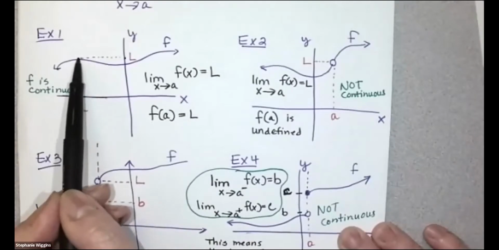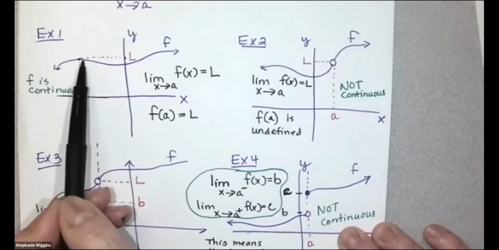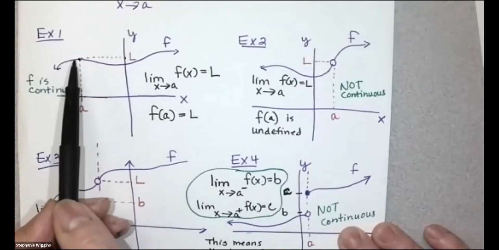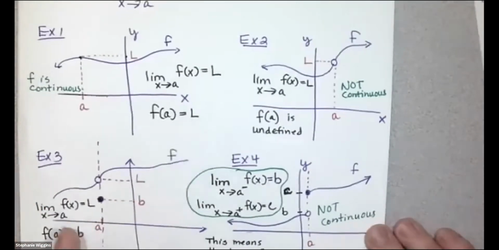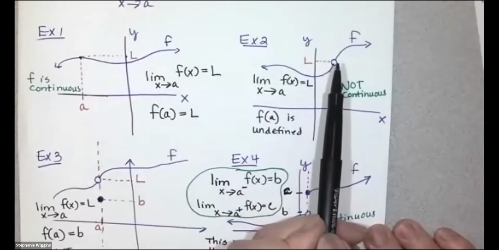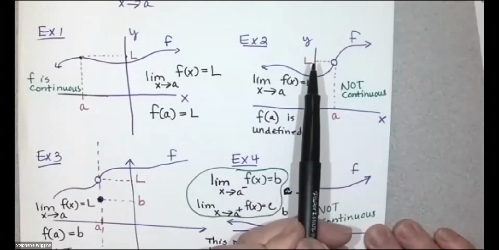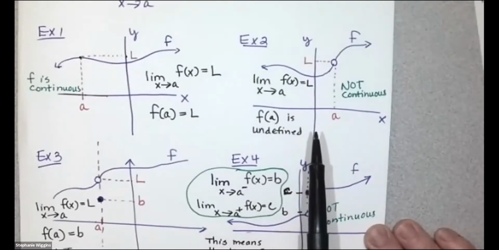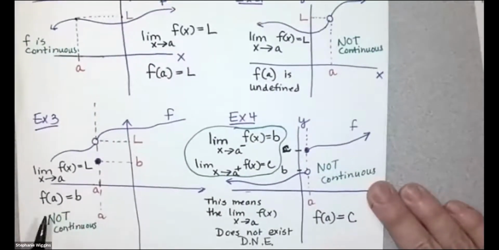So that's because this point right here, when you plug in a, it's filled in there, right? So you have the limit, but you also have that point equaling L. This is not continuous because, yeah, the limit exists, that's equal to L, but f of a is undefined, it's not equal to L. So that's why we have that disparity there. And same here, yeah, the limit exists, even the function value exists, but they're not equal. And in the definition of continuity, these two values have to be the same.